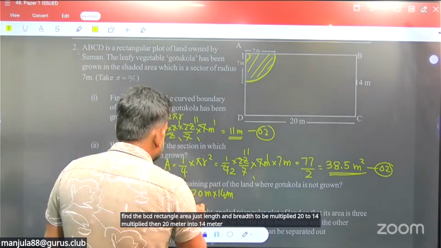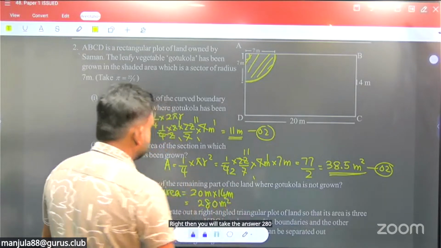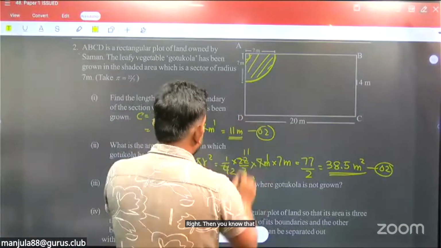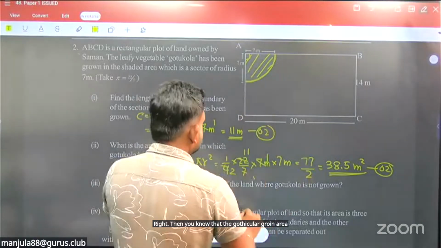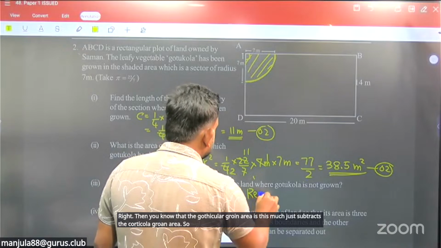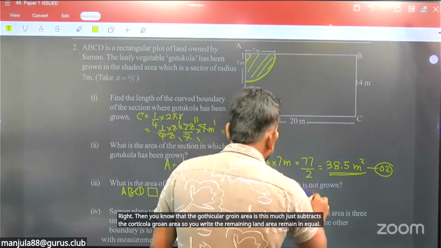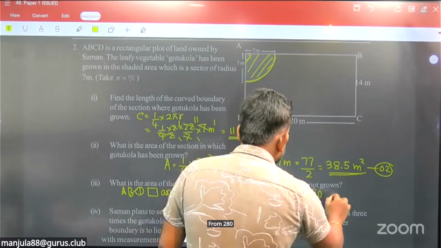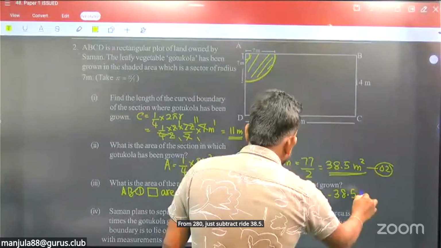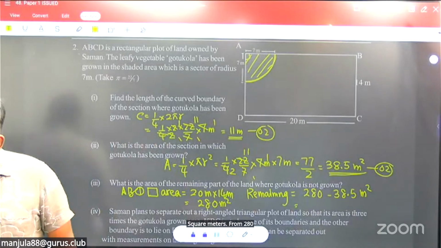Right. Then you will take the answer, 280 square meters. Right. Then you know that the Gotukola grown area is this much. Just subtract the Gotukola grown area. So you will write the remaining land area equals, from 280, just subtract 38.5 square meters.